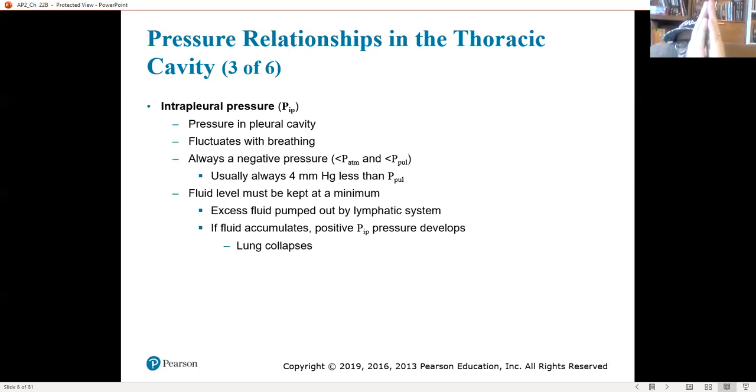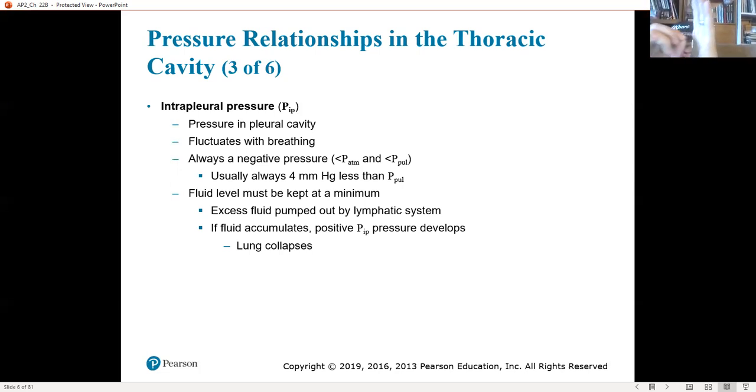And through surface tension, that pulls on the other layer, the visceral layer that's stuck to the lungs. So say over here to this side, I've got ribs, and attached to the ribs, I have parietal pleura. When the parietal pleura moves out, the visceral pleura will want to follow it.